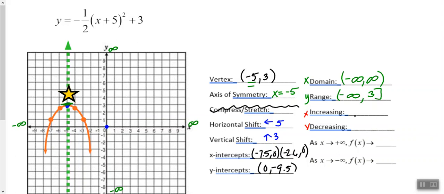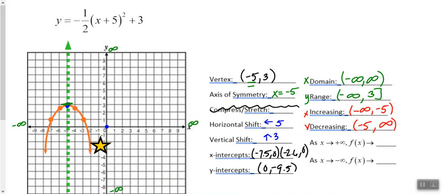So I'm increasing from -infinity to the x value of my vertex, which is -5, which means I am decreasing from the x value of my vertex to the other infinity. So you can see that, I'm here, and I'm decreasing, I'm going down the graph.